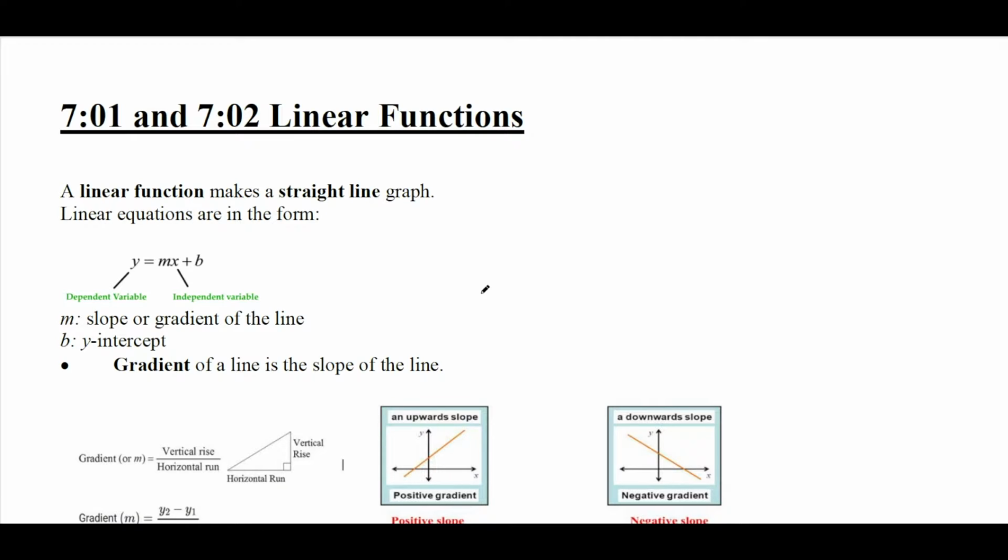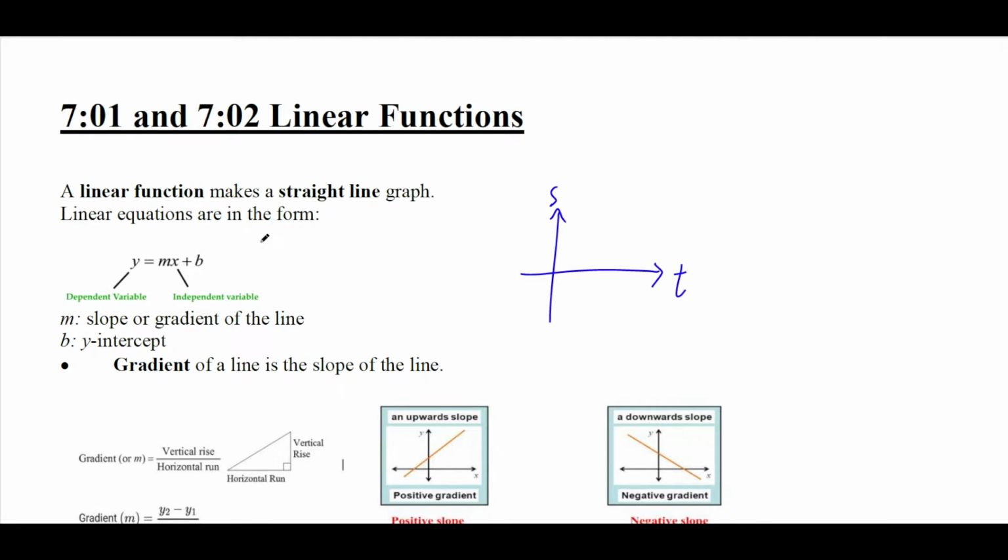If you have a graph of speed and time, it makes sense to say speed depends on time, but it would not make sense to say time depends on the speed. So that's why we say speed is the dependent variable, because it depends on the independent variable. A very common independent variable is time.